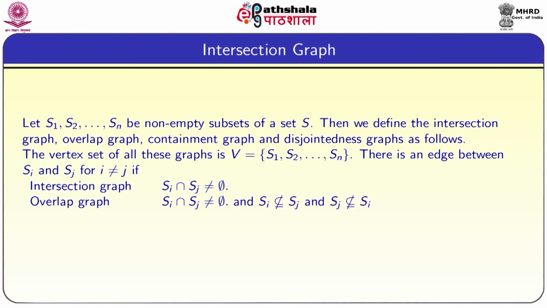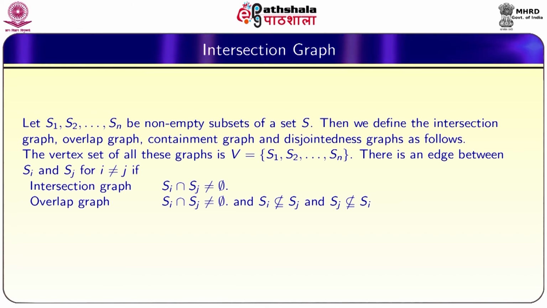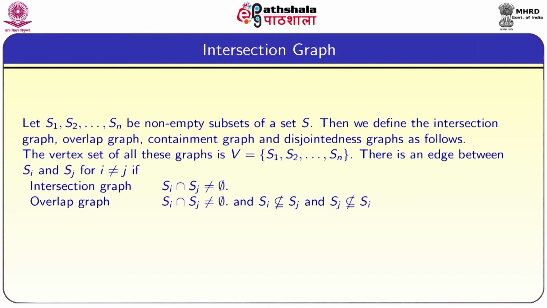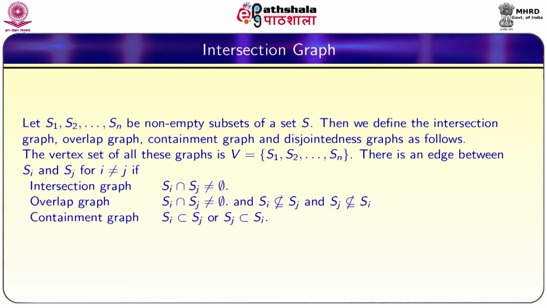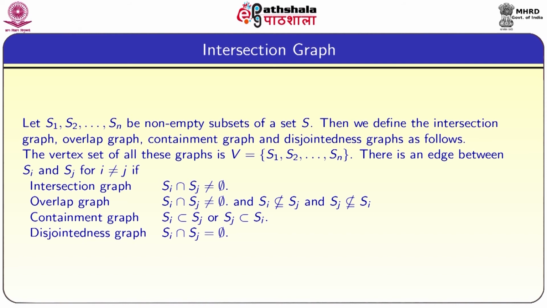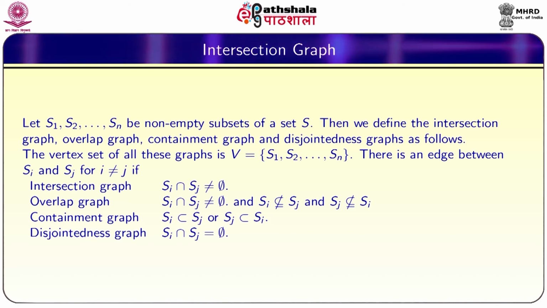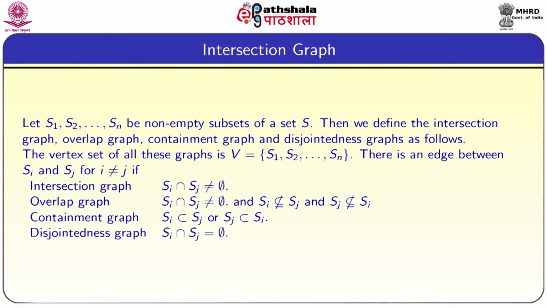In the overlap graph, again Si intersection Sj is non-empty, but Si is not a subset of Sj and Sj is not a subset of Si. In the containment graph, if Si is contained in Sj or Sj is contained in Si, we put an edge between Si and Sj. And in the disjointness graph, there is an edge between Si and Sj only if Si intersection Sj is the empty set.